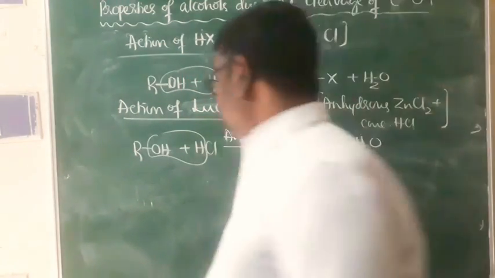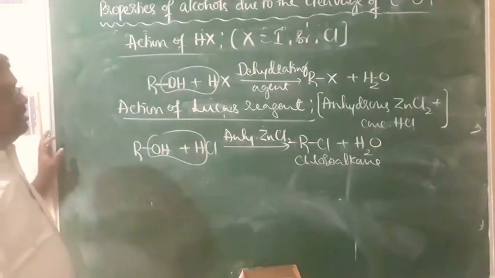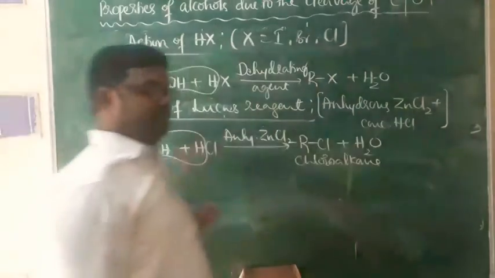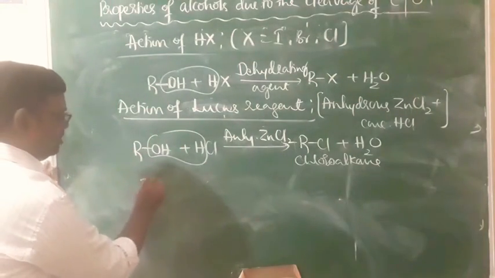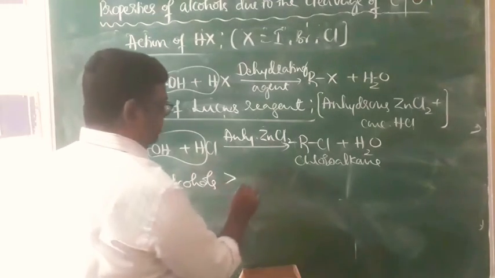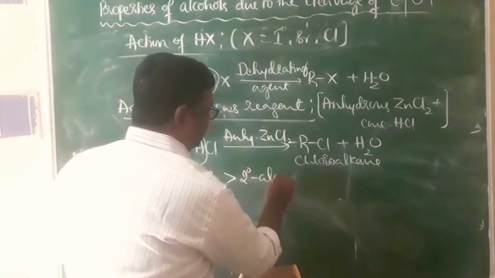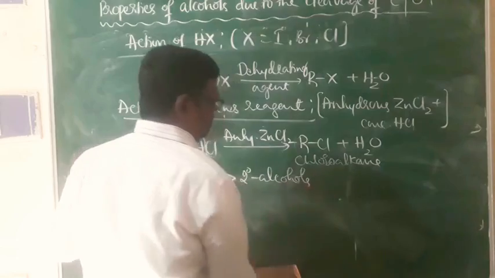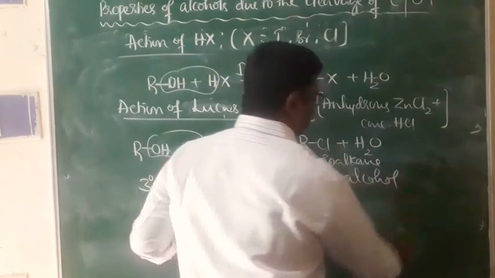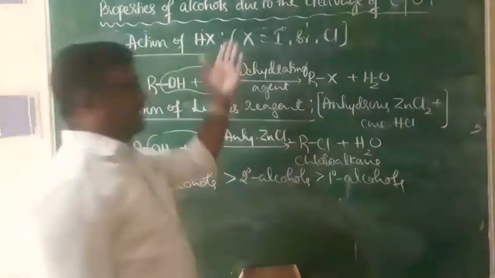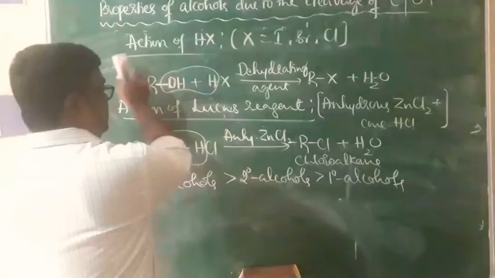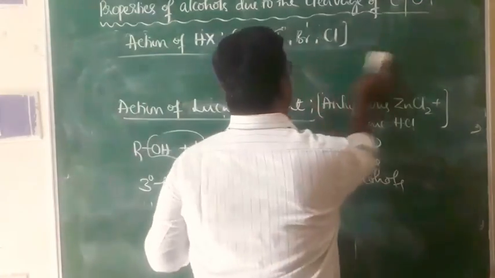Remember, in this reaction there is cleavage of the C-O bond. For such reactions, tertiary alcohols are more reactive than secondary alcohols, and secondary alcohols are more reactive than primary alcohols, because in such chemical reactions there is a formation of carbocation.